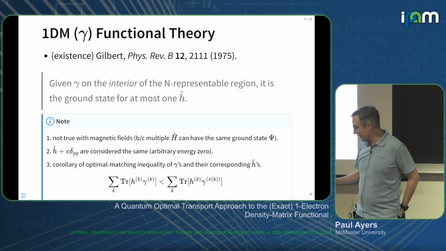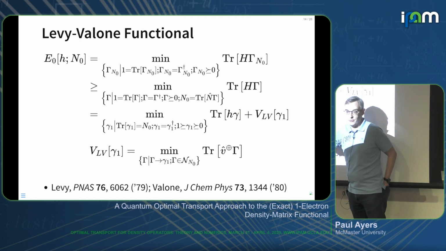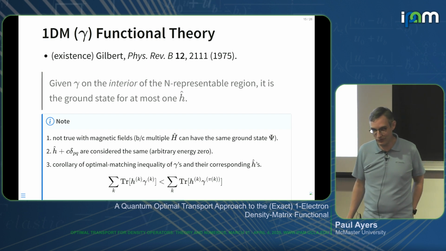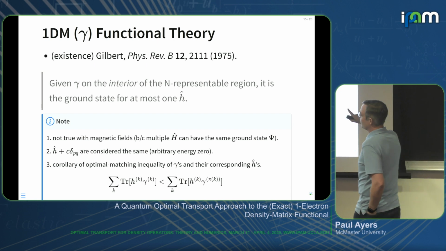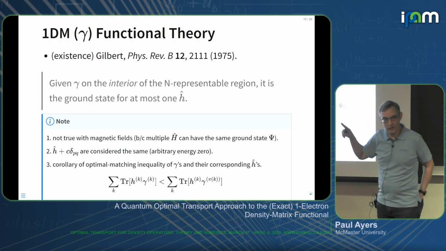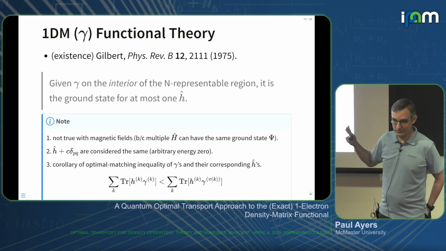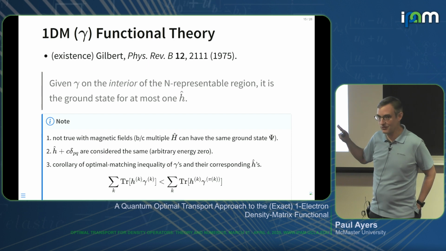So this sort of motivates, if you like, the idea of why don't we really use this as our fundamental descriptor? And I'm not doing this in chronological order, but 5 years before these functionals, Gilbert proved this existence theorem, right? Which is the direct analog of the Hohenberg-Kohn theorem for density functional theory, but for density matrices. And the proof is exactly the same, right?